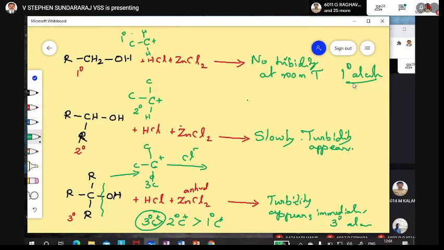I am giving you two test tubes. I tell you one is isopropyl alcohol, one is N-propyl alcohol, but you have to identify which one is isopropyl. Go to the lab, take this Lucas reagent, carry out the test, and you will be able to find out. That's called distinguish between. All of it clear? Similarly, very fast appearance means tertiary alcohol.